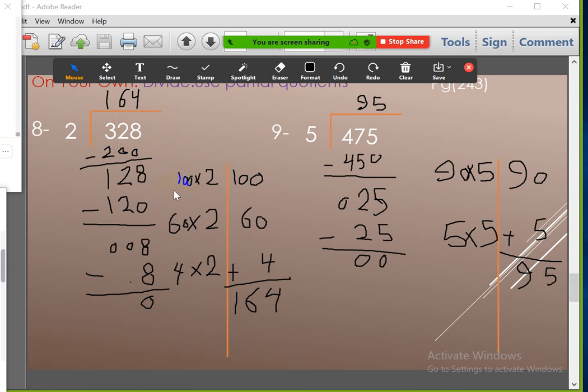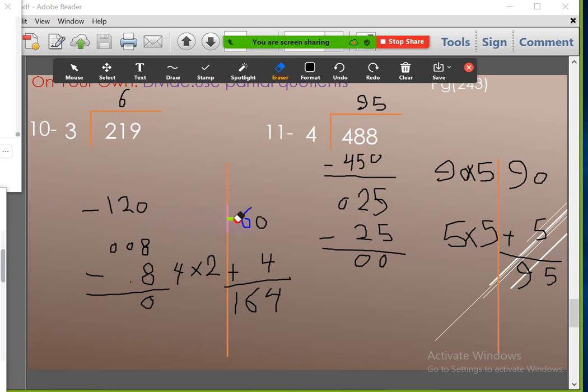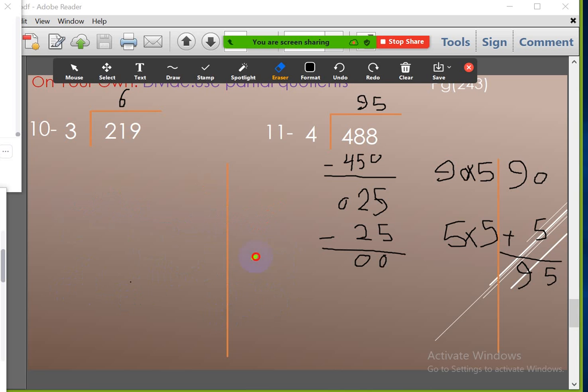Okay, girls, I will erase only this side. I will leave this side, so I will solve number 10. Not today, the competition will be on Thursday, girls. I want you to prepare yourself and study the lessons to win, because there are only 3 winners.